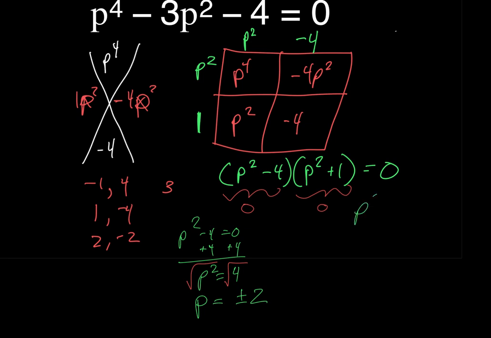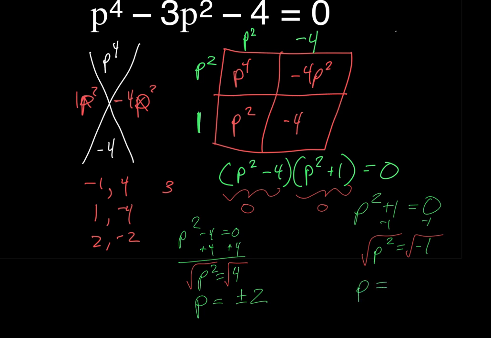Then over here I have p squared plus 1 equals 0. Subtract 1 from both sides. P squared equals negative 1. Then you square root both sides.